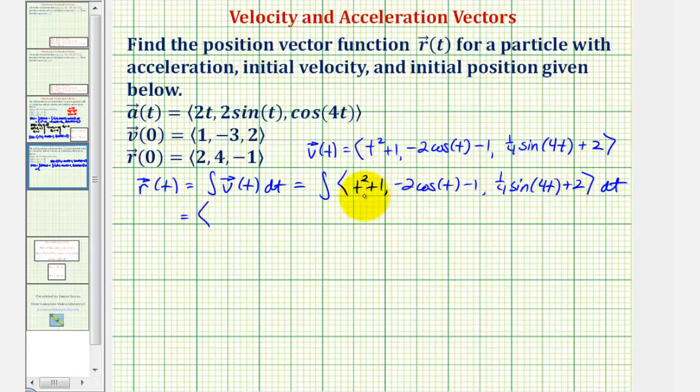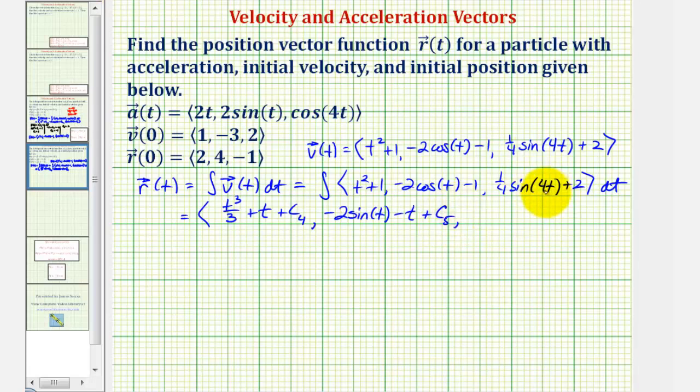So for the x component, we'd have t to the third divided by 3 plus t plus a constant, which we'll call c sub 4. For the y component, the antiderivative of negative 2 cosine t is going to be negative 2 sine t. The antiderivative of 1 is t, so minus t plus c sub 5.